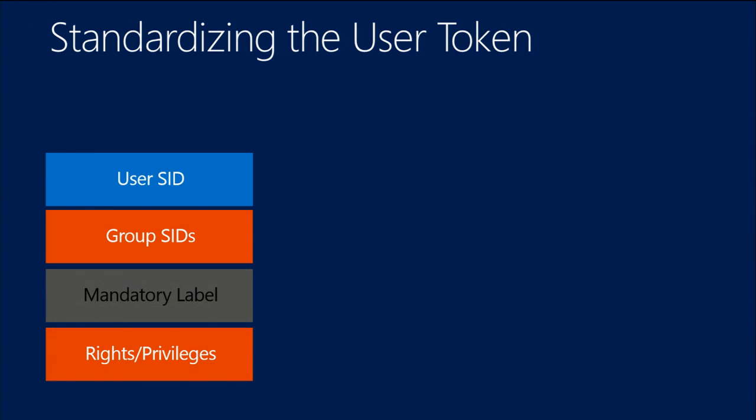So what is happening when you log on? Your user token is created. Your user token is an object that's used to access all the objects on your system. And this user token consists of your security ID, that's you in Windows, the ID that represents you. There are your group security IDs, and what Windows does, it analyzes all the groups that you are a member of.